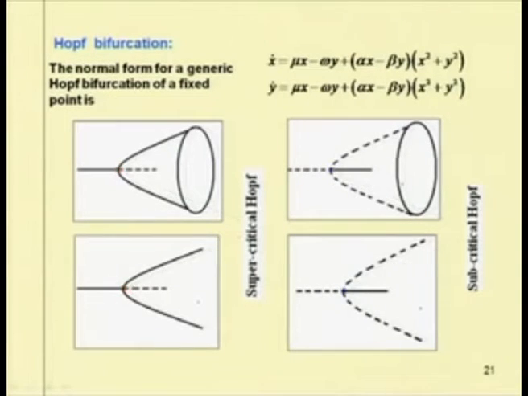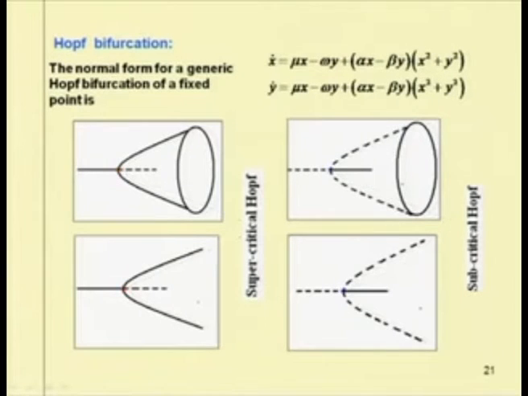But if from an unstable trivial branch it becomes unstable again, or from a stable trivial branch the resulting periodic response becomes unstable, then this becomes a subcritical Hopf bifurcation point.